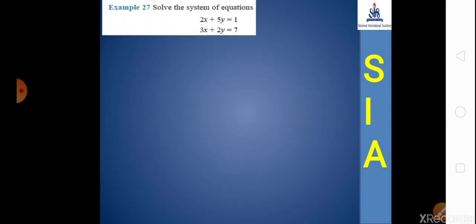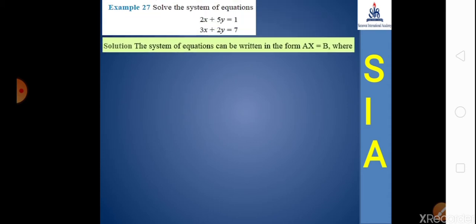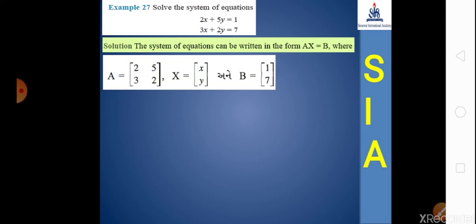In the exercise, first I go to illustration number 27 using the matrix form. First of all, the given equation is expressed in matrix form as AX equal to B. So we can write A as 2 5, 3 2.